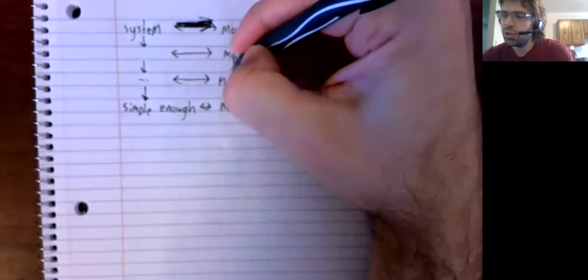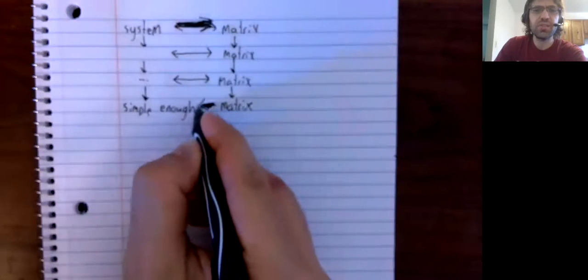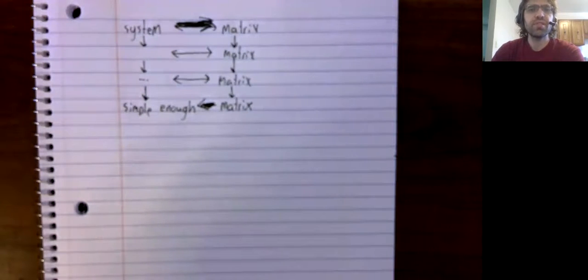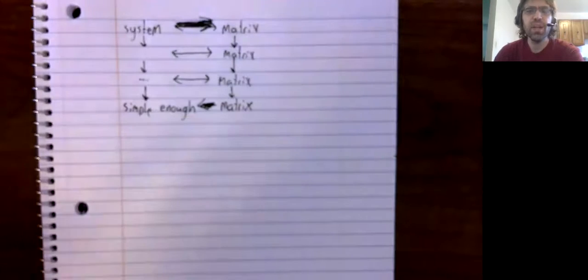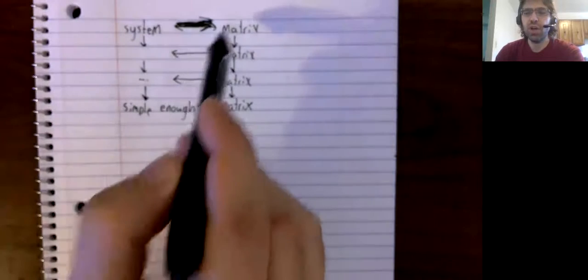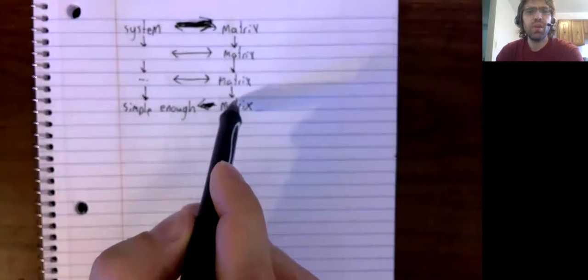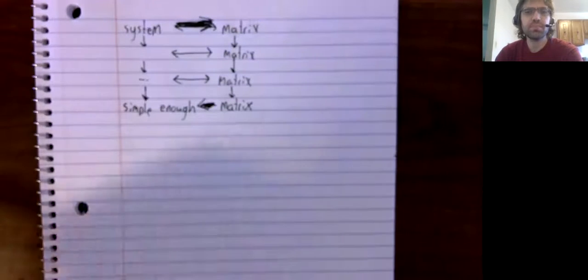We move around like this. We don't work with the systems at all, except in the first and last step, but instead use elementary row operations on a matrix, which are equivalent to doing these steps.